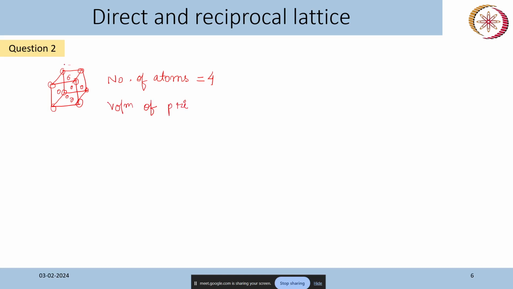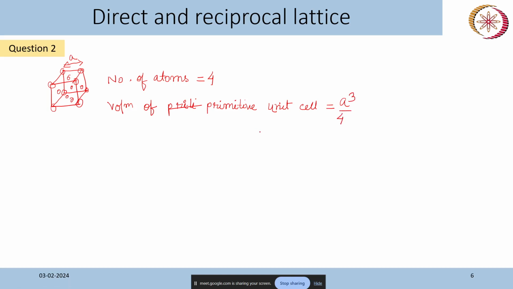And this lattice constant here, let's consider as A. The volume of the primitive unit cell will be A cube by 4.